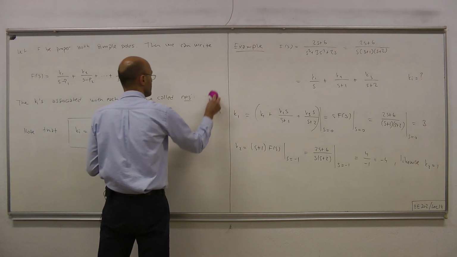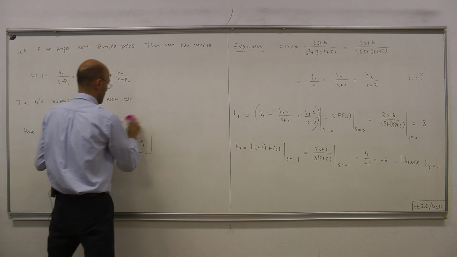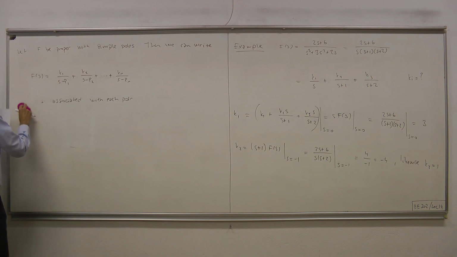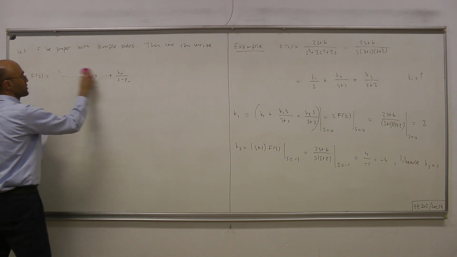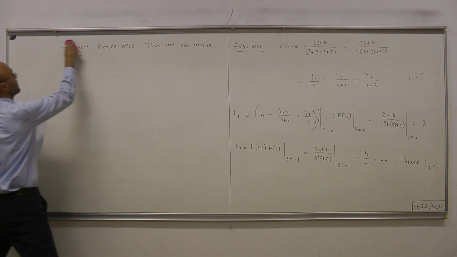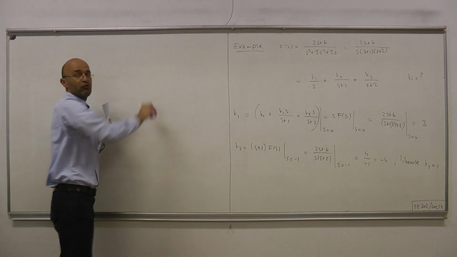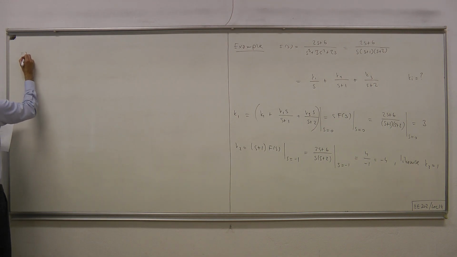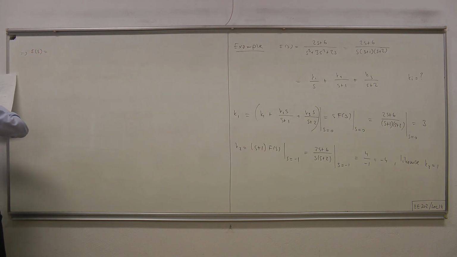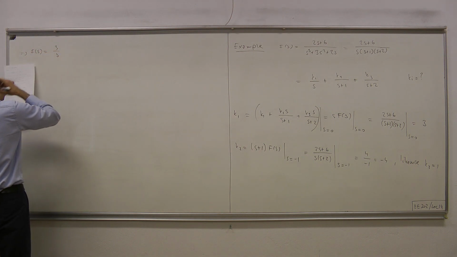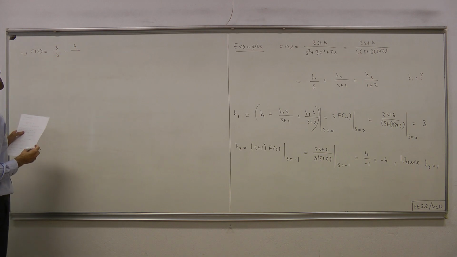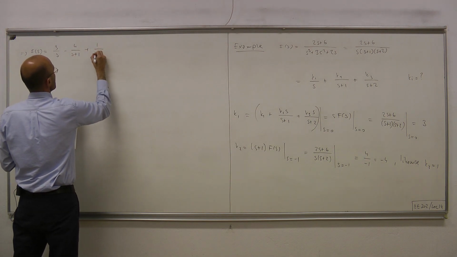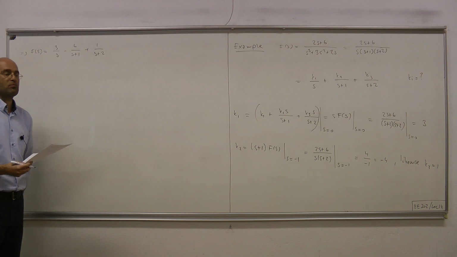So we can write F(s) equals 3 over s minus 4 over (s + 1) plus 1 over (s + 2). And once written in that form, it's very easy to compute f(t). F(s) equals k1 over s plus k2 over (s + 1) plus k3 over (s + 2).